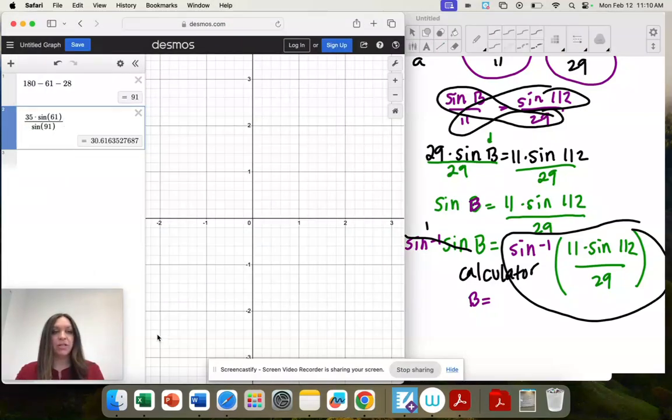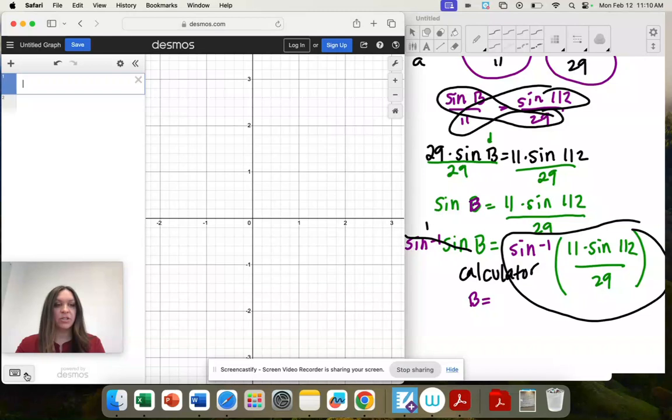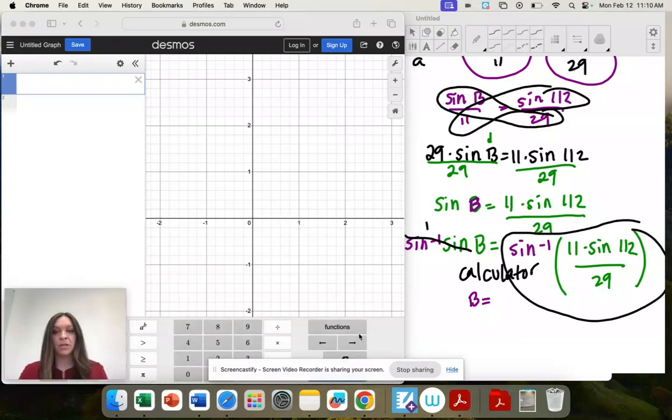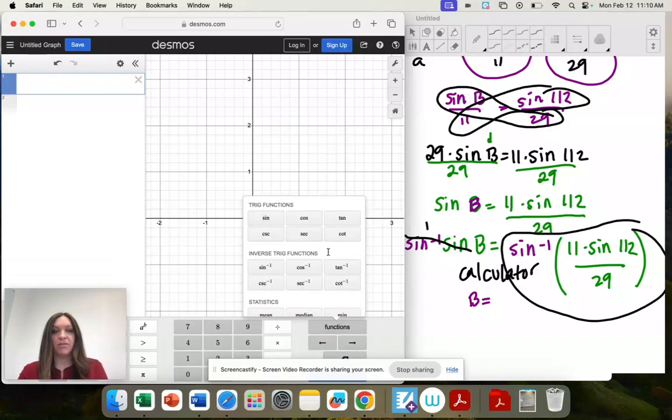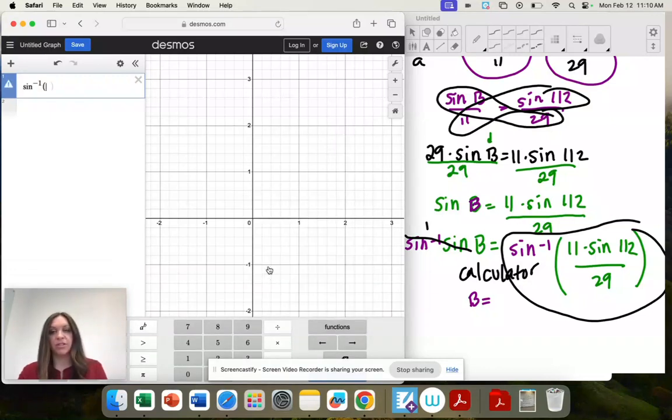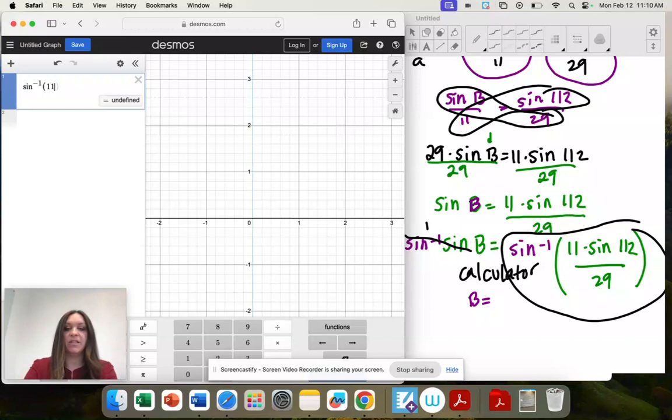So come over here and open up your functions. We have our trig functions and we have our inverse trig. So I have sine inverse and 11 times sine of 112. And if I hit divide right now, look, it just takes that.